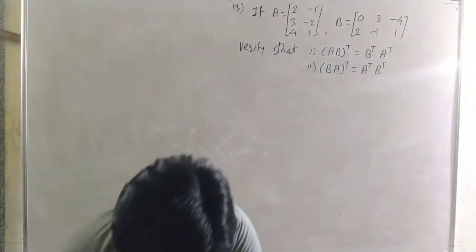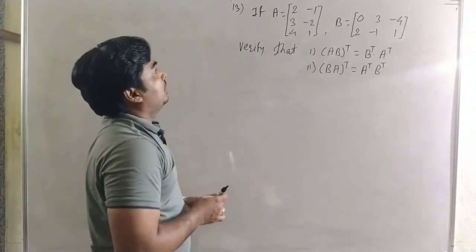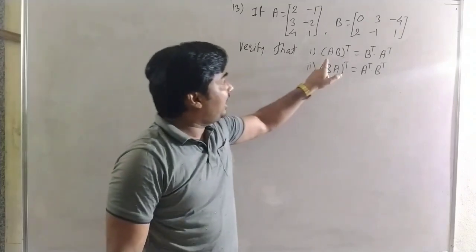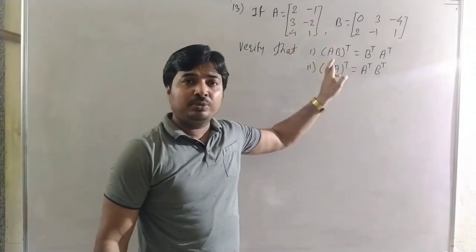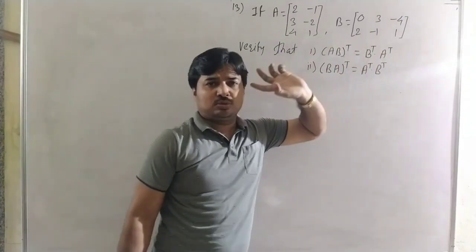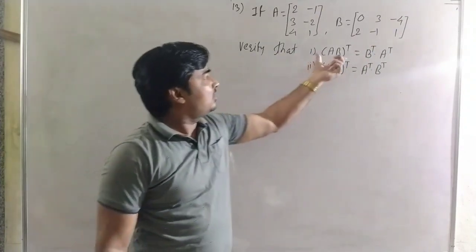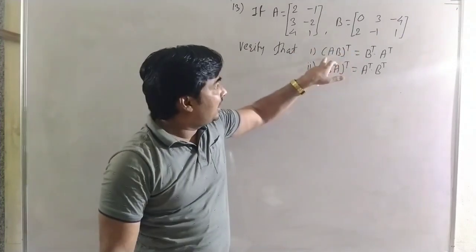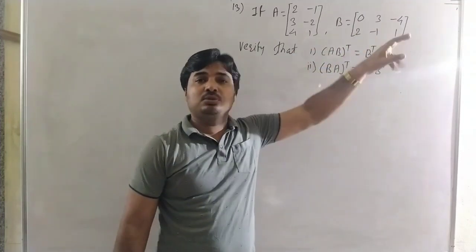Now here, given the matrices A and B, we want to verify (A into B) transpose. First find A into B and then its transpose is equal to B transpose into A transpose. Okay, verify that, and it will obviously show, because it is a property.